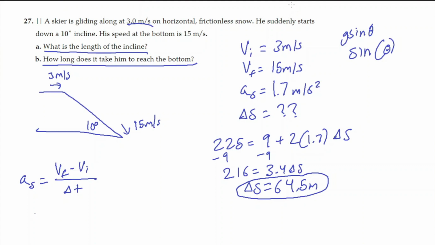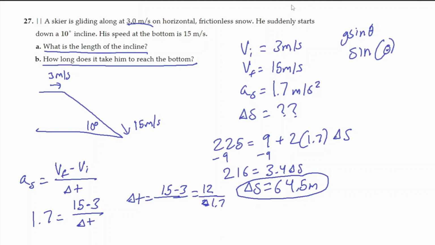If we plug it in, acceleration 1.7 is equal to v final, which is 15, minus v initial, so 15 minus 3, over delta t. We can switch delta t and 1.7, so delta t is equal to 15 minus 3, or rather 12, over 1.7.